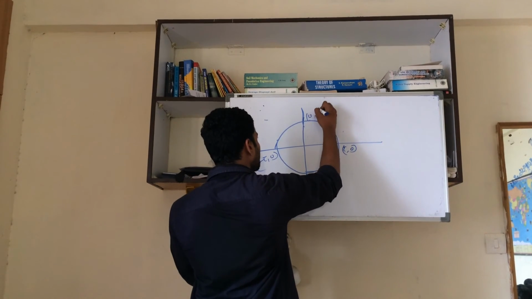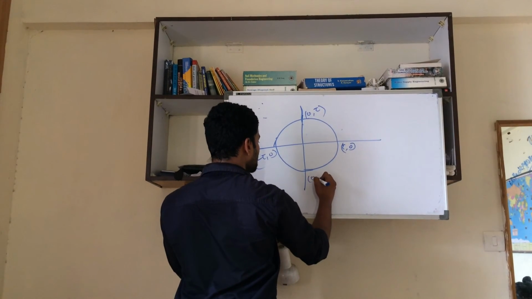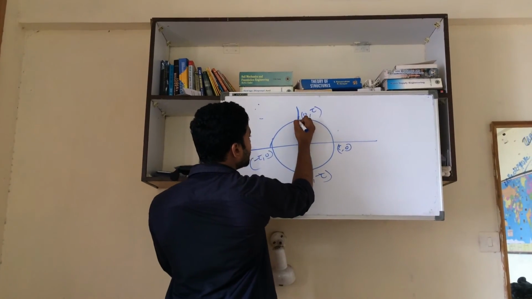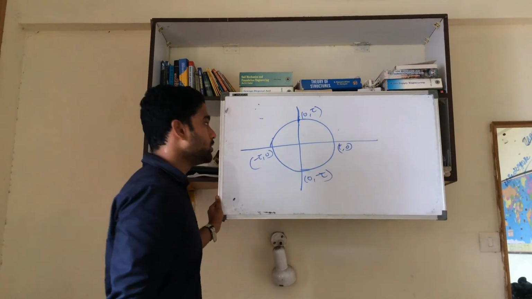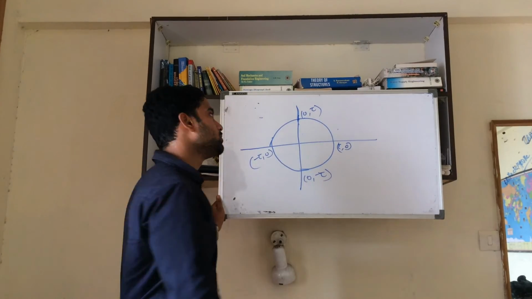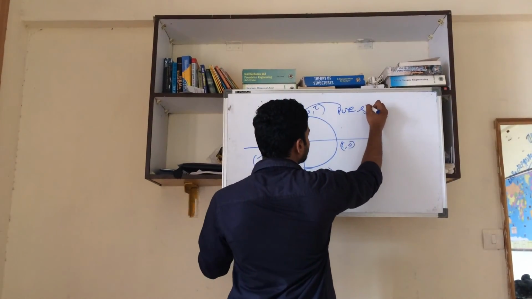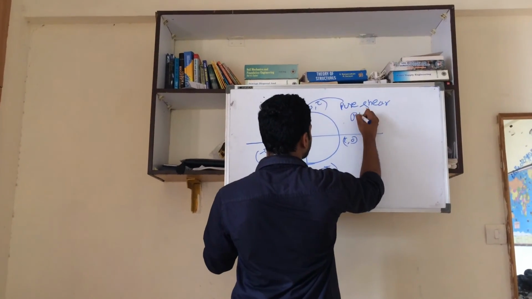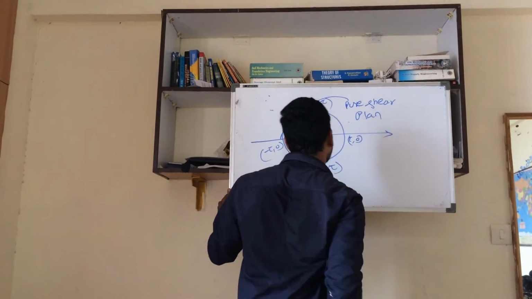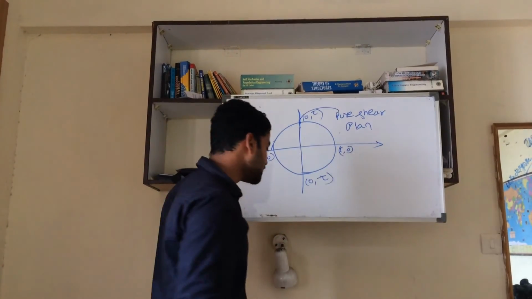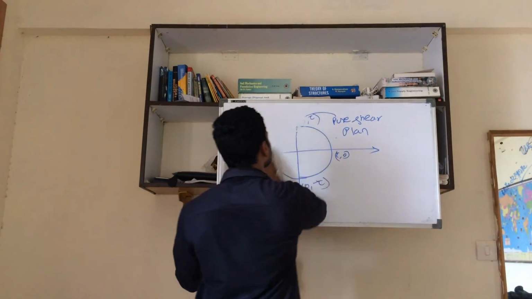This is 0 comma tau. This is also 0 comma minus tau. So if you see here, the normal stress is equal to 0. The plane in which normal stress is equal to 0 is called the pure shear plane. So this is just one example for Mohr circle.